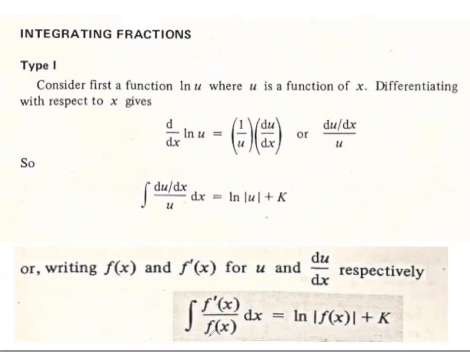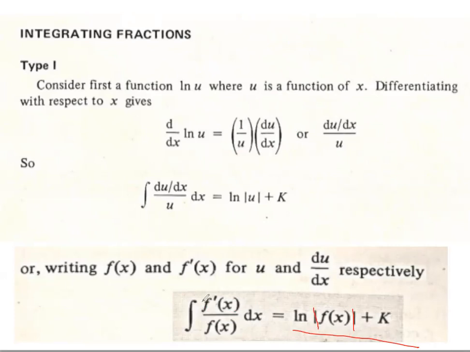So keep this in mind as soon as you see this. If the numerator is the exact derivative of the denominator, this is your answer. Right? And notice they have a bar around here because whatever the function evaluates to must be positive, because you can't have the ln of a negative number, right? Because of the nature of the ln function and so on. And we dealt with that in videos before.